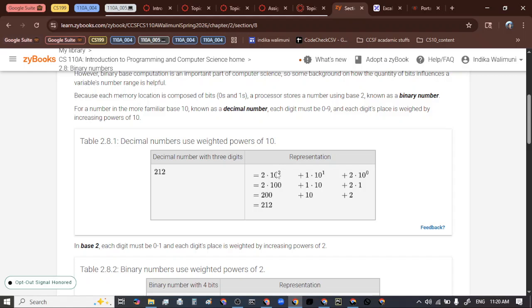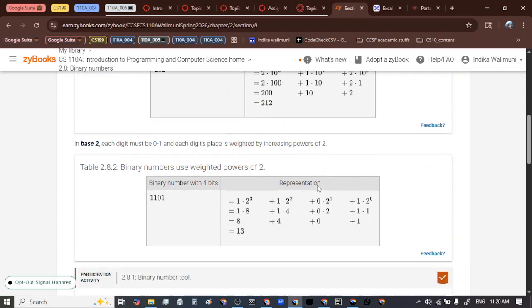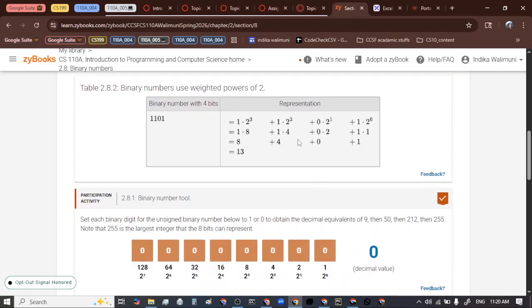This is how we see the breakdown of the decimal number. So this is how we do it for binary. Each digit represents a level of significance and it increases from right to left by 1, right?